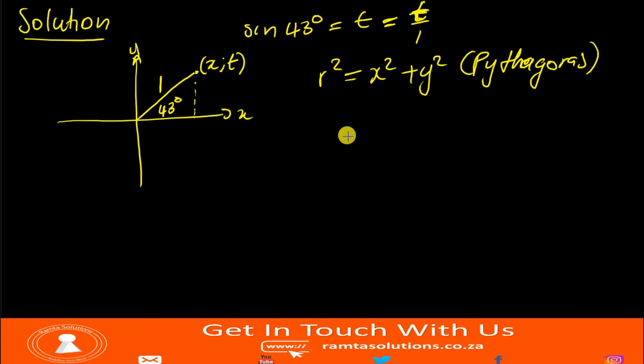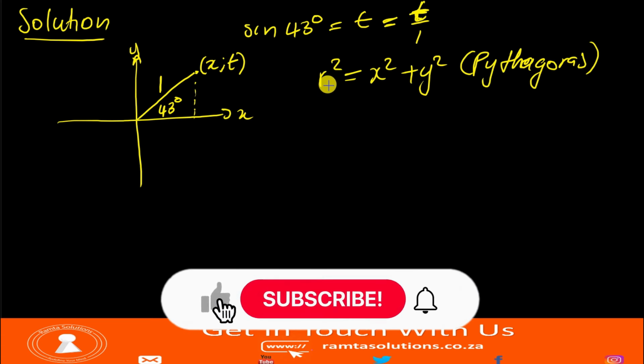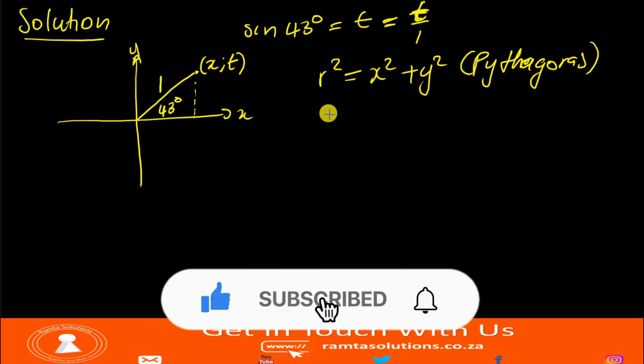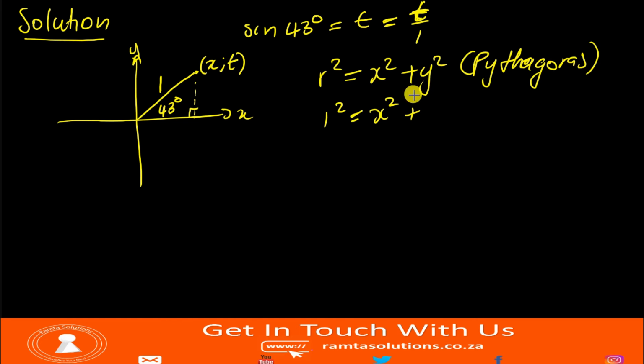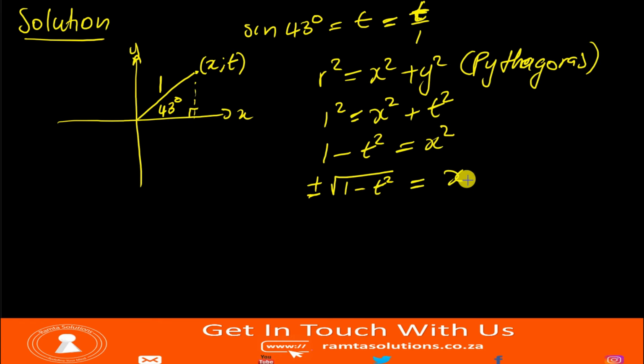What is r? R is the hypotenuse. It is 1, so 1 squared. What is x? We do not know. What is y? It is t. So this is t squared. Therefore, 1 minus t squared equals x squared. Therefore, x is plus or minus the square root of 1 minus t squared.